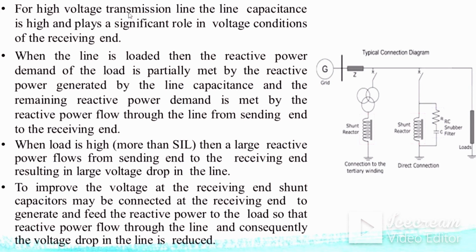So for the high voltage transmission line, the line capacitance is very high and plays a very significant role in the voltage condition of the receiving end. You were clear about this line capacitance role when you were studying in power system 1 about the insulators, the porcelain type of insulators, or the different types of strain type and shell type of insulators.